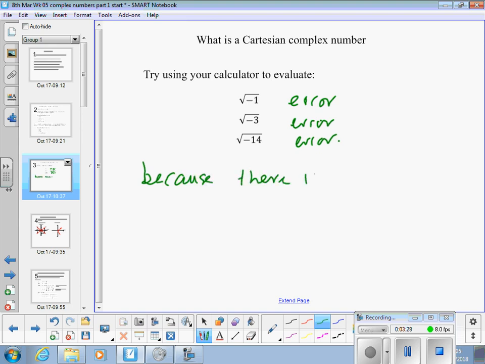There is no real solution to the square root of a negative number.